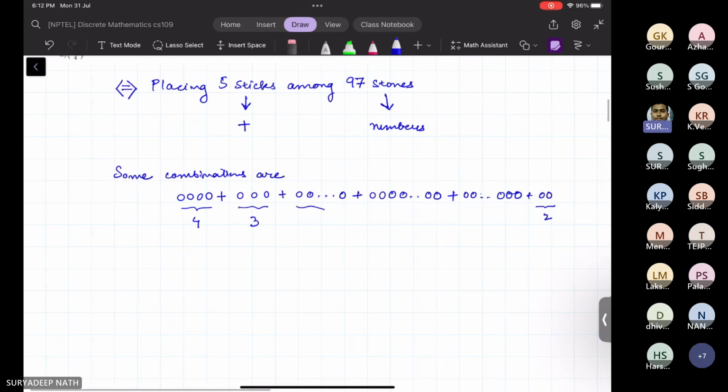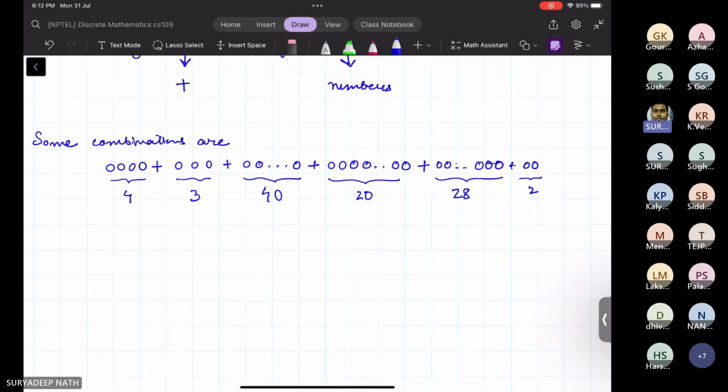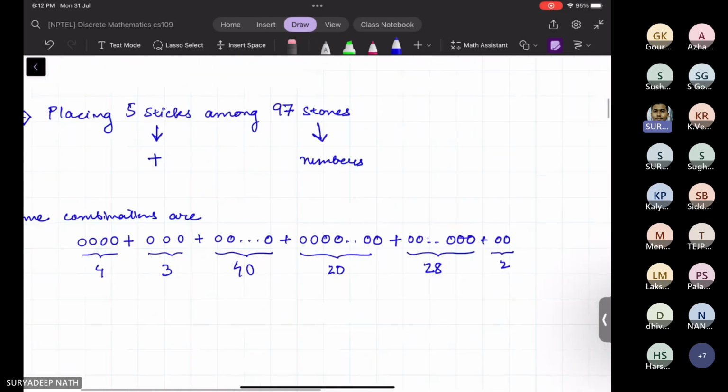So we have 8. Let's say this is 40, this is 20 and 20. I think this also adds up to 97.